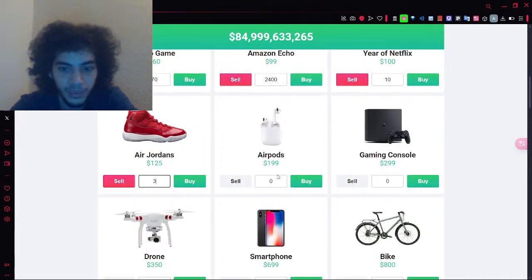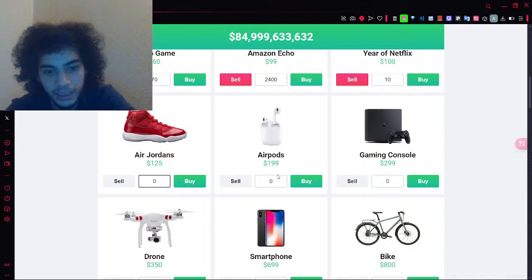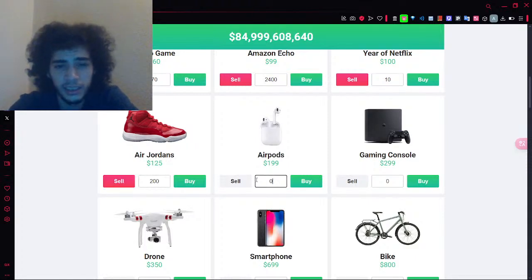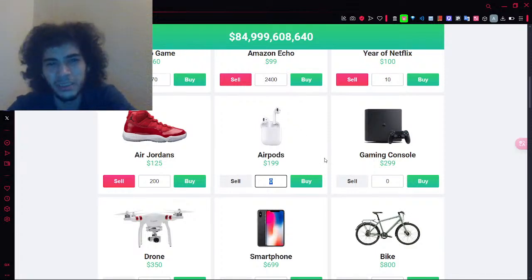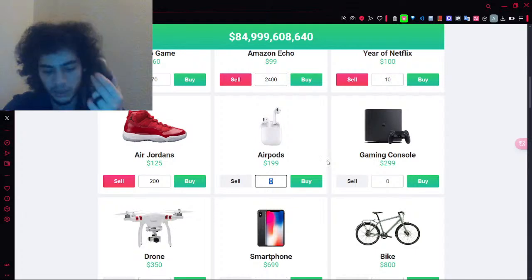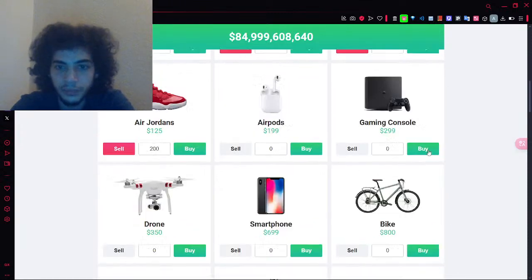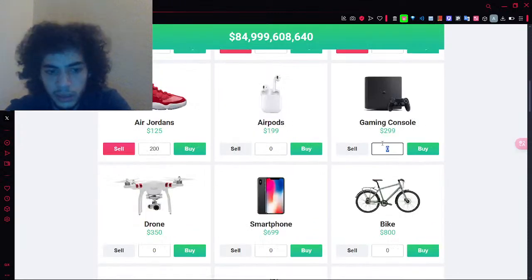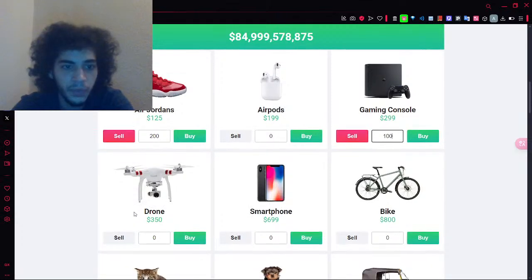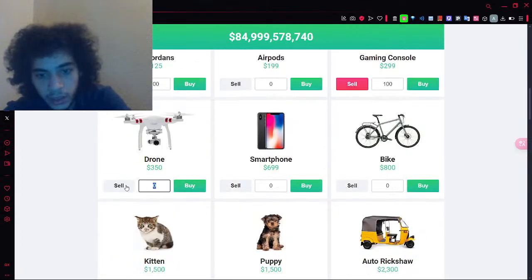No, no. 200. AirPods. You don't need AirPods. AirPods are overpriced. You can just get this. Or not this, it isn't good ones, but there are good ones that are way cheaper than AirPods. Gaming console 100. Drone 100.